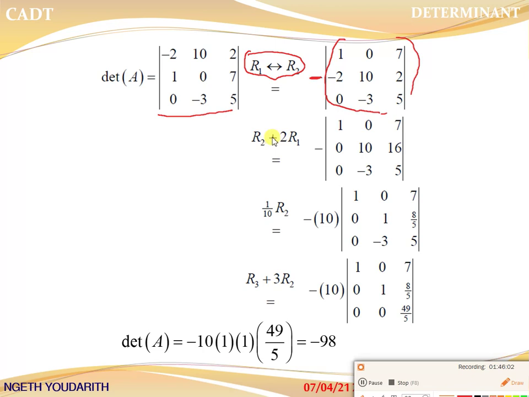And when we take R1 plus 2 R2, the determinant of this one and this one is the same. So I write A is equal, only minus, the same.